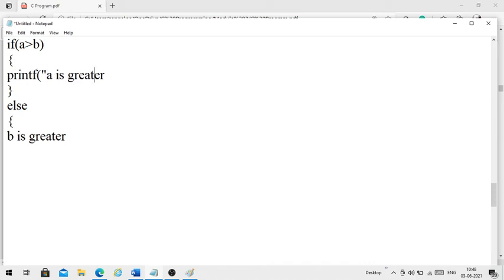So I'm checking the condition whether A is greater than B or B is greater than A.